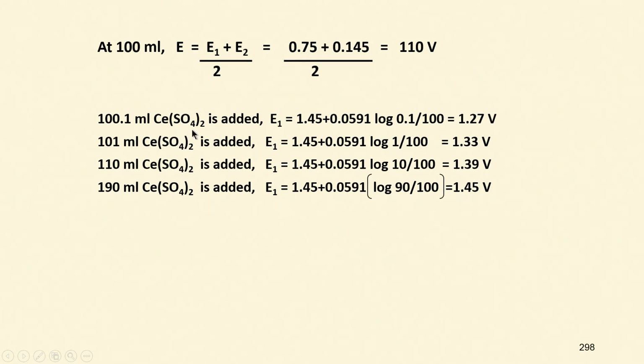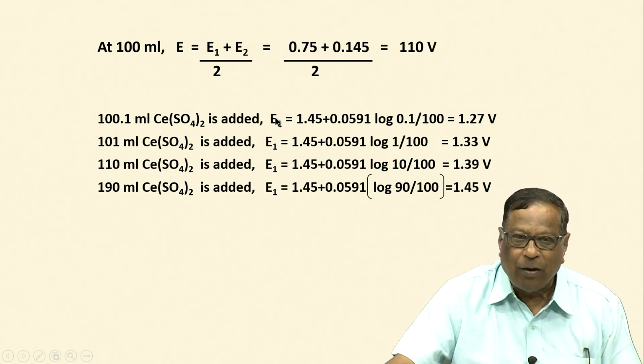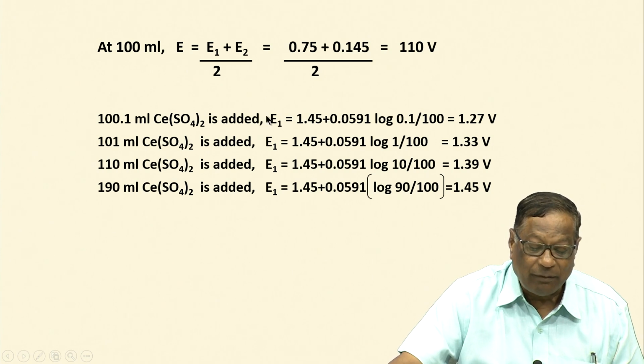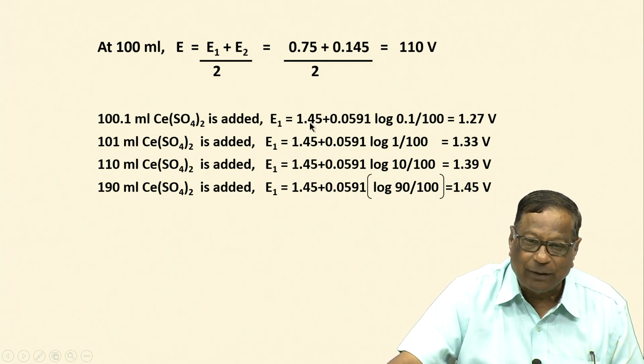Now, if I add 0.1 ml extra ceric sulphate, the reaction will be governed by ceric cerous concentrations rather than ferric ferrous now, because all the ferrous has been oxidized to ferric now.